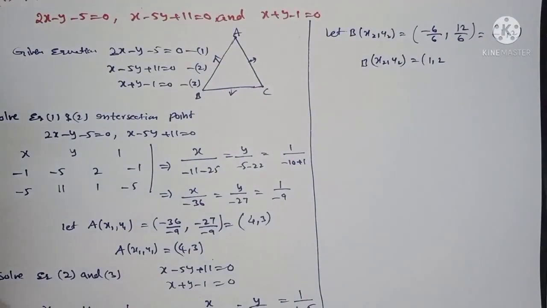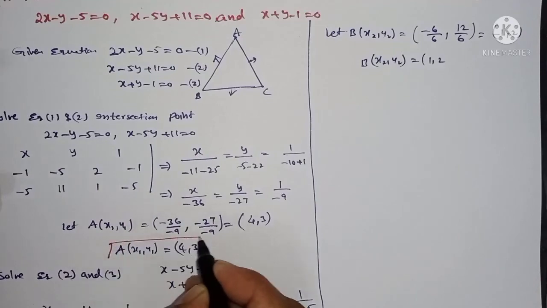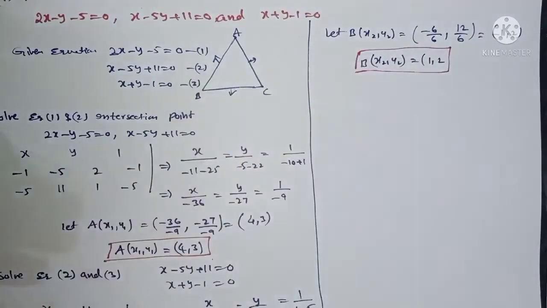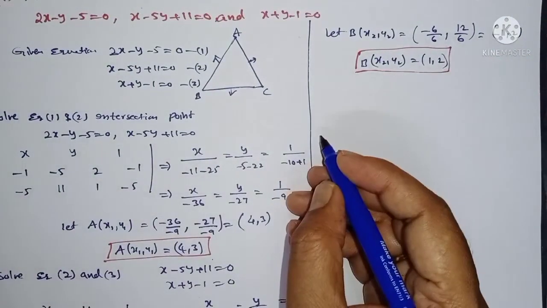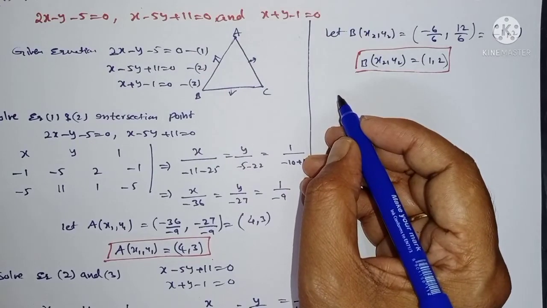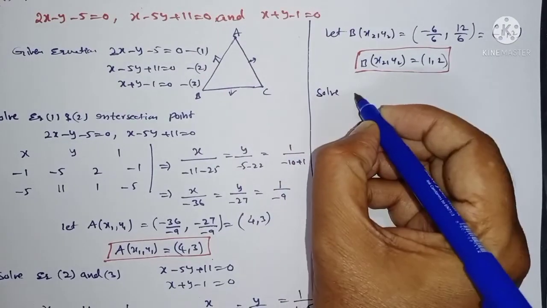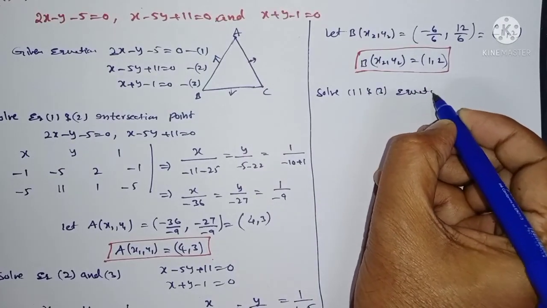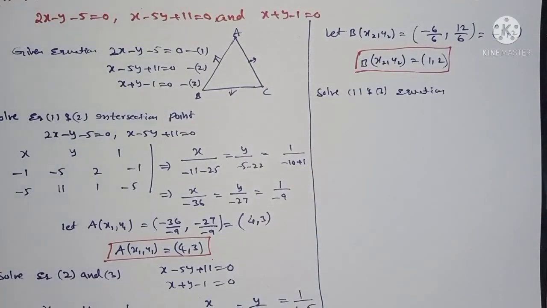You got here A value and B value. Okay, B also you getting. Similarly you can find the C value. What is C point? Solve the 1 and 3 equations. What is the one equation?